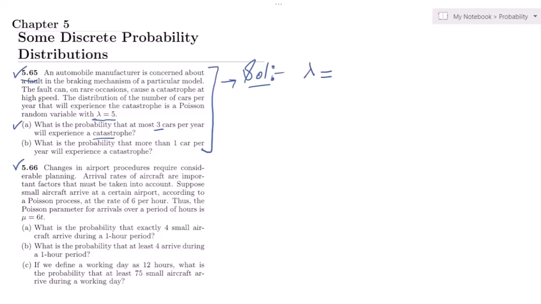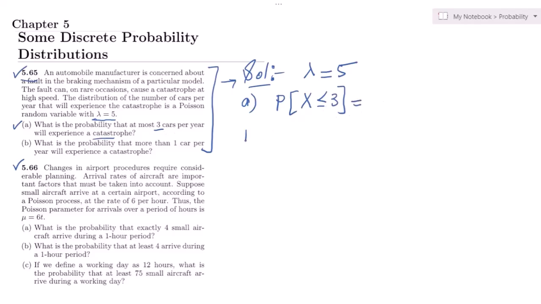Lambda here we have is 5. In part A, what do we want to find out? What is the probability that at most 3 cars per year will experience a catastrophe? I want to find out the probability that x is less than or equal to 3, meaning at most 3 cars, meaning all the other values will be less than this one.